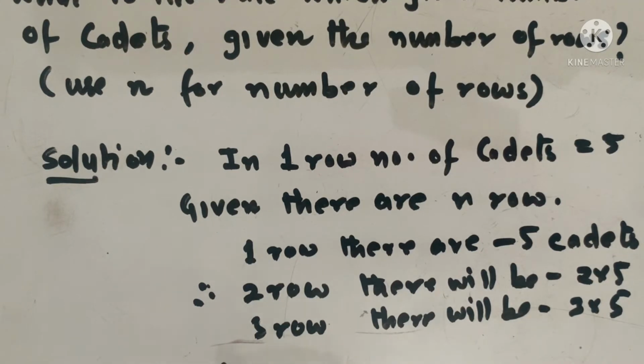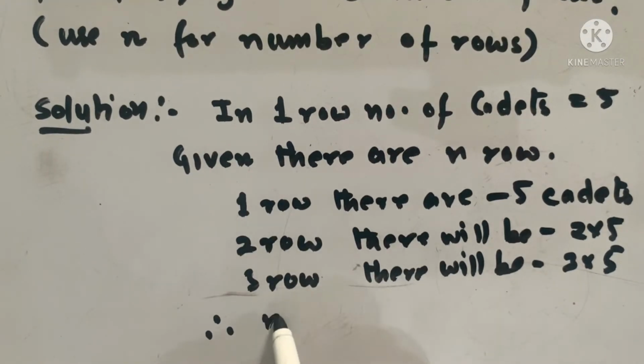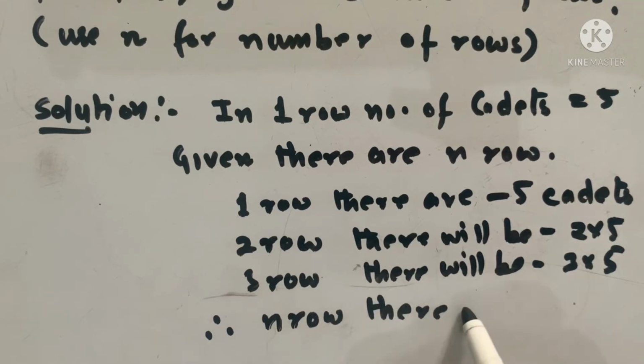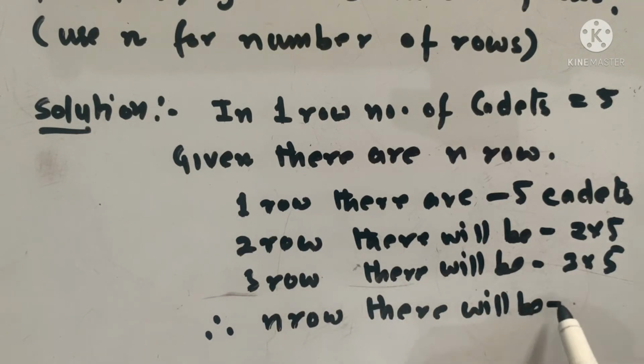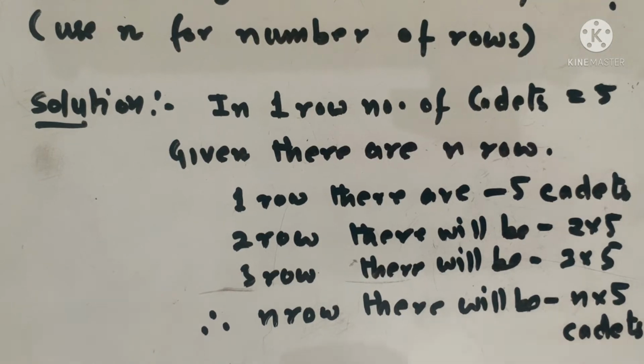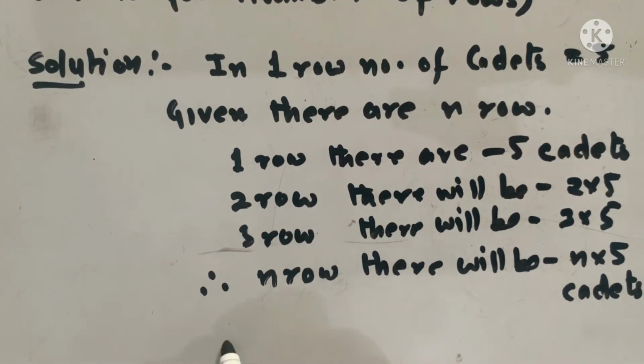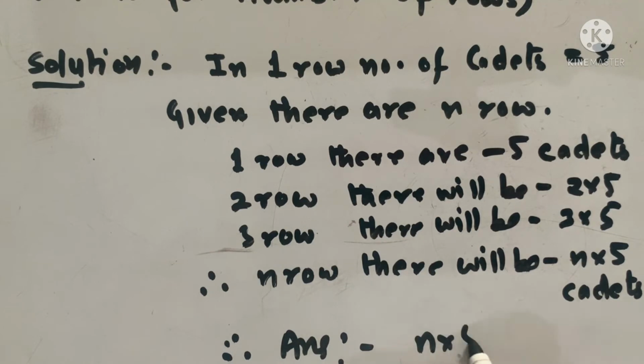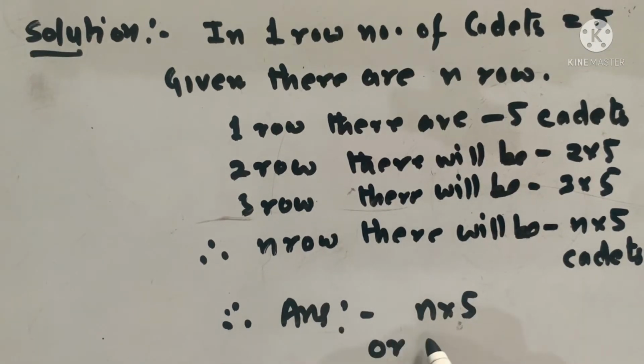Therefore in n rows there will be n into 5 cadets. Therefore the answer is n into 5, or 5n cadets.